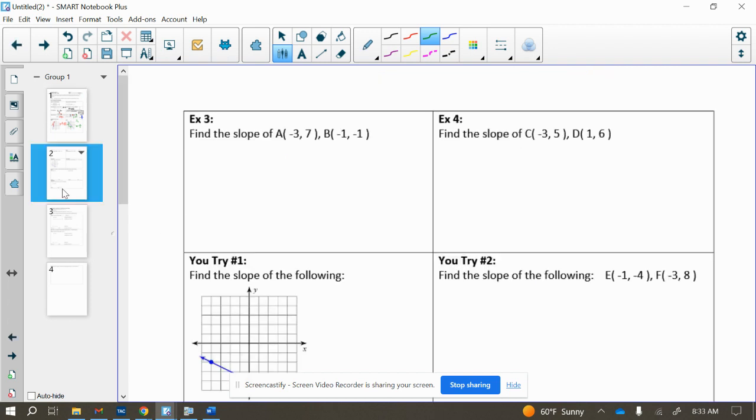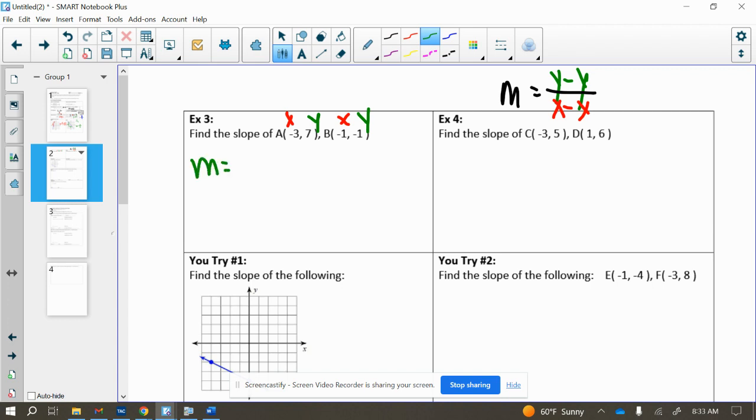Now, sometimes we need to calculate our slope without having a graph. So again, we have x comma y and x comma y, and we want to use that slope formula, that the change in those y's over the change in our x's will give us our slope.